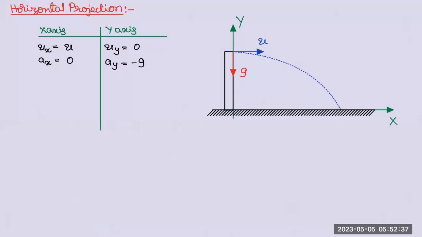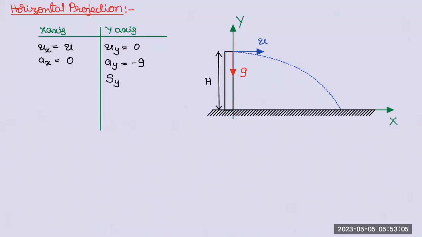Now, what do they want? First of all, let us calculate time of flight. So, the height of the tower must be given, right? Height of the tower H is given. Good. Once height is given, what can we do? Observe carefully.